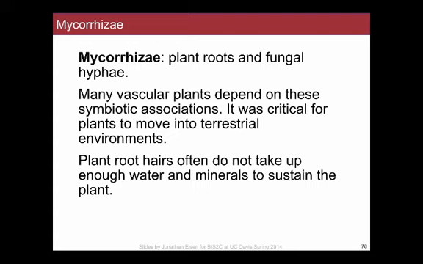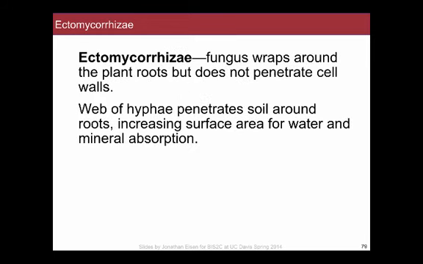There are a diversity of kinds of fungi involved in these symbioses. Some of them are like the ones I talked about, where they're inside the cell wall but not inside the plasma membrane. Others are on the outside of the surface of the roots, and others are everywhere in between. And we'll talk about these more on Friday.